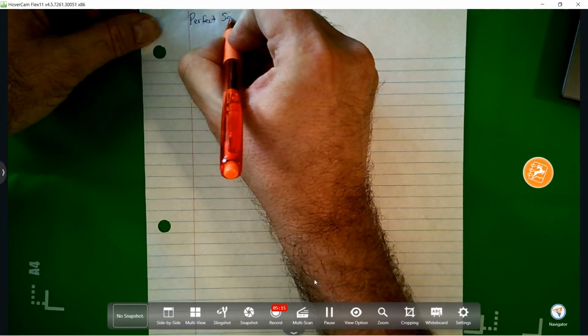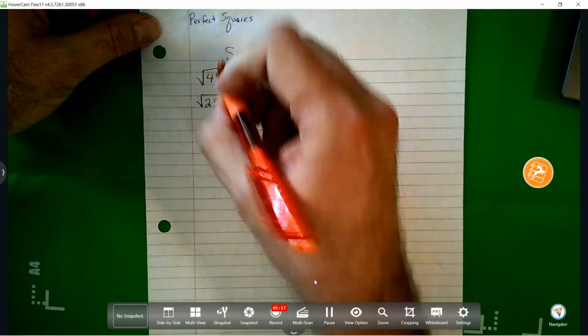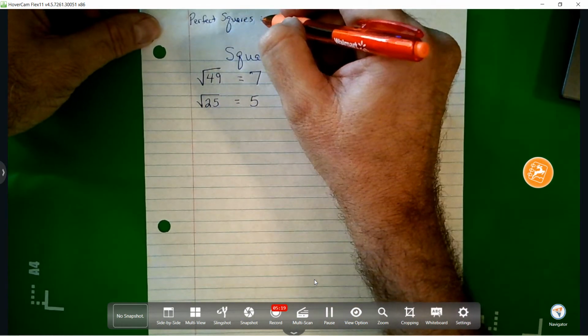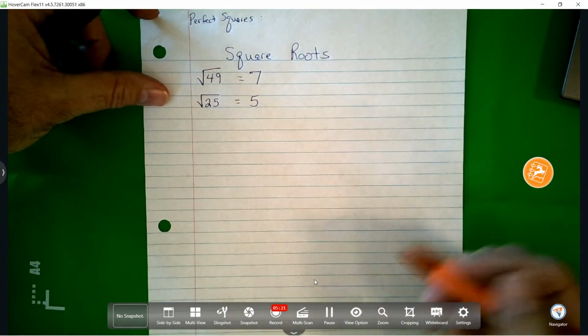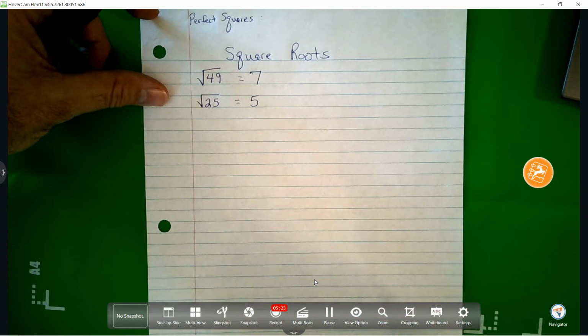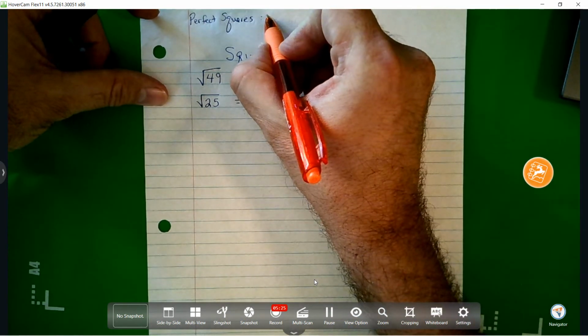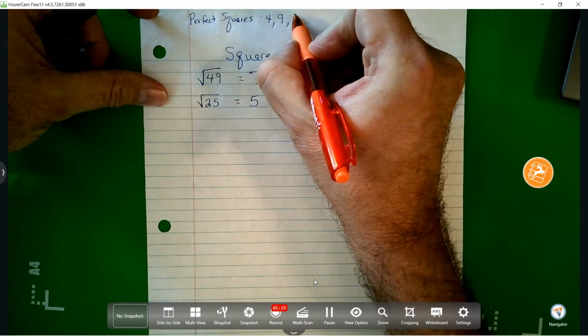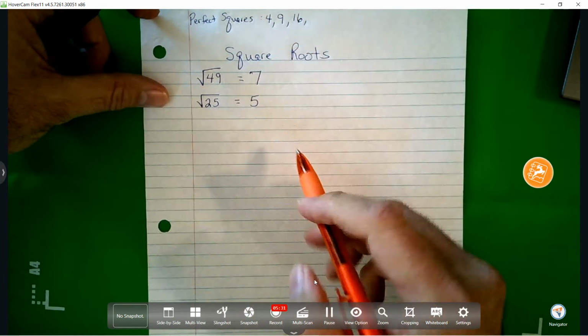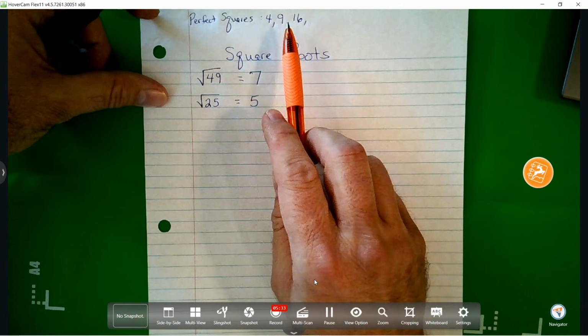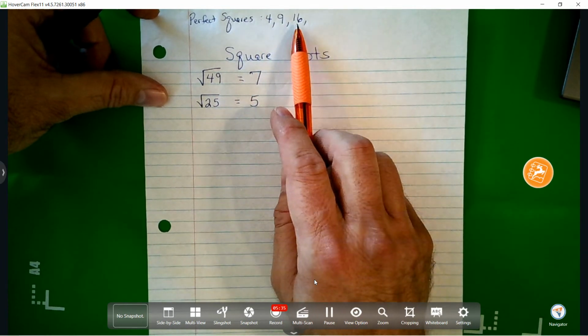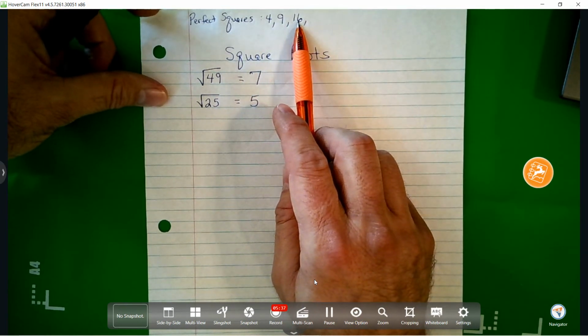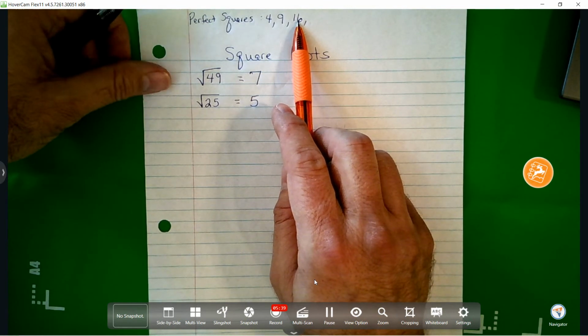And let's see. Like 49 and 25, you know those square roots just from the multiplication tables. 1 times 1 is 1, I won't bother writing that. 2 times 2, 3 times 3, 4 times 4. Is it clear what I'm doing? I'm writing out the numbers whose square roots you know. Just like the square root of 16 would be 4, because 4 times 4.